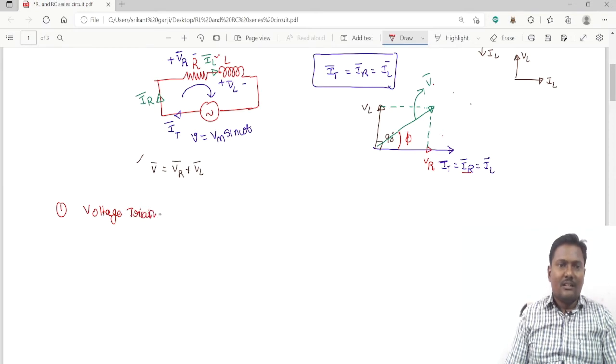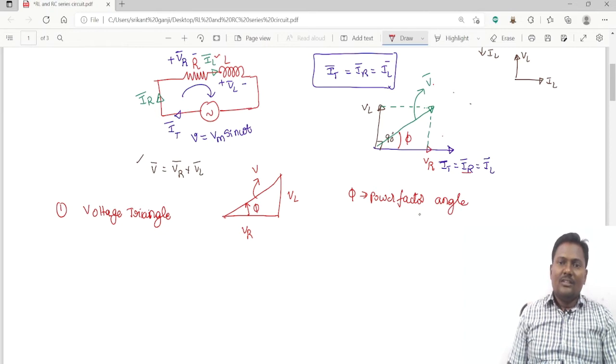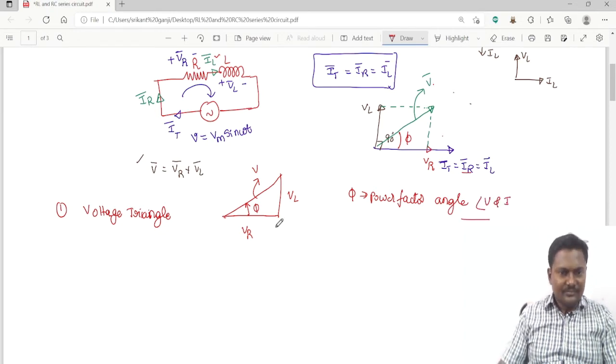In the voltage triangle, V_R is the horizontal component, V_L is the vertical component, and the hypotenuse is V. The angle between the voltage V and V_R is phi, where phi is called the power factor angle, that is the angle between the resultant voltage and current.